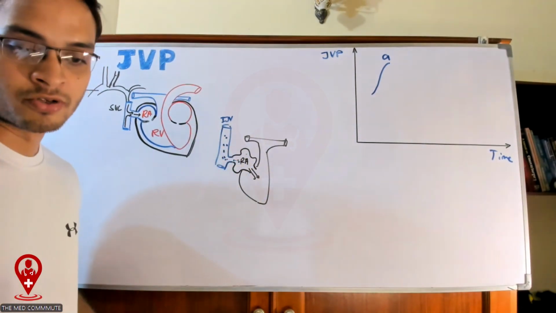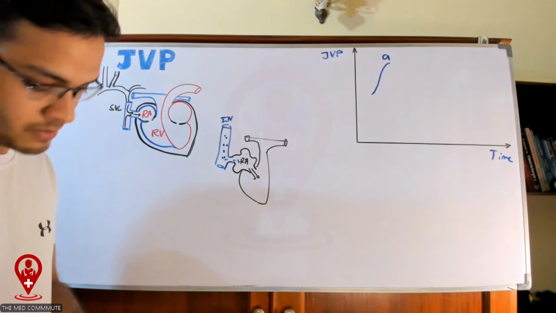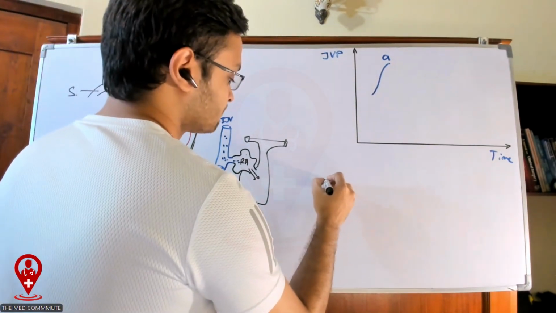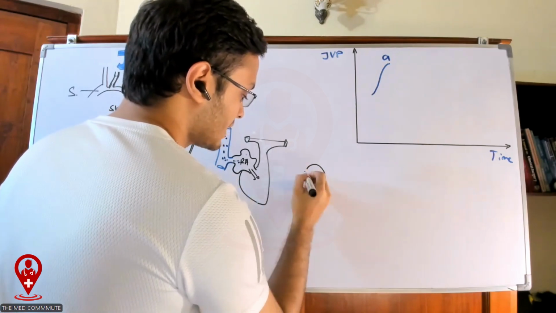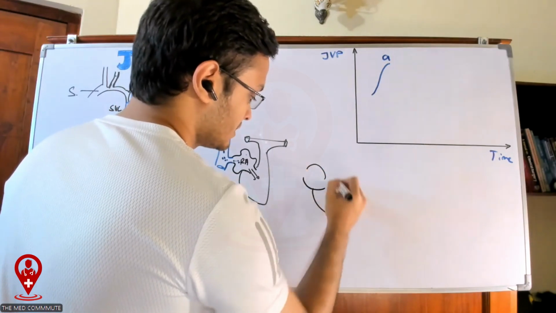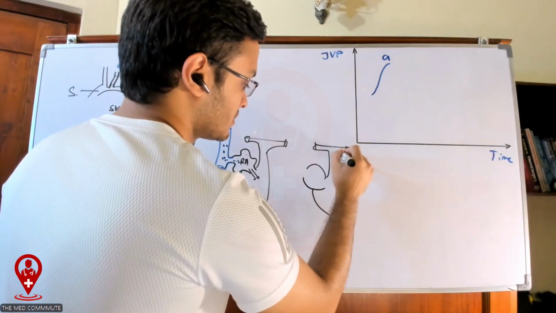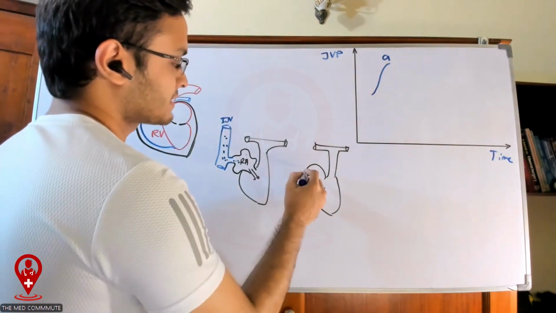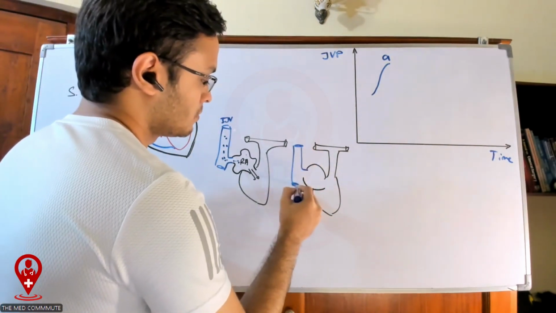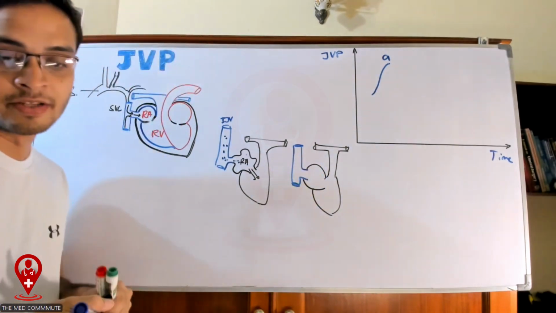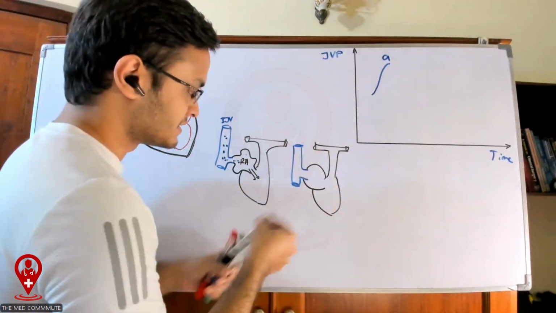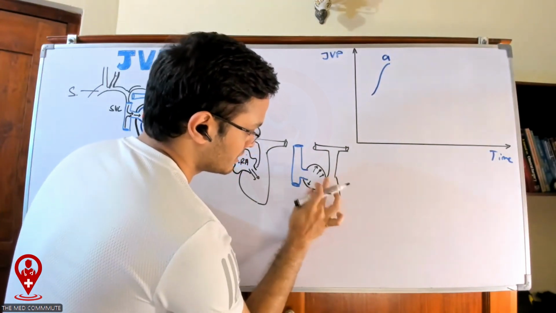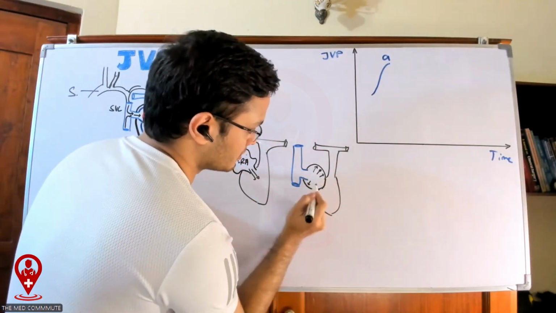Then the next thing, after initial contraction, after the systole, what is going to happen? The right atrium is going to start relaxing. Let me draw that here, somewhere here. As the right atrium is relaxing, this chamber starts dilating this way, and the valves will be closed.